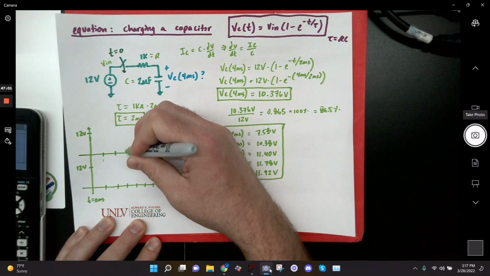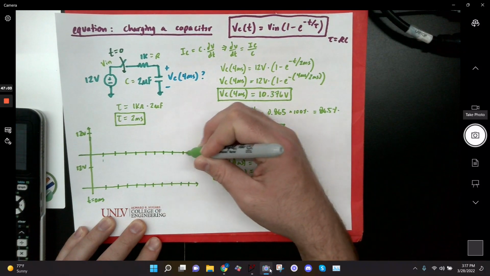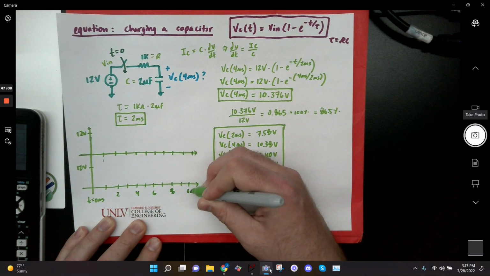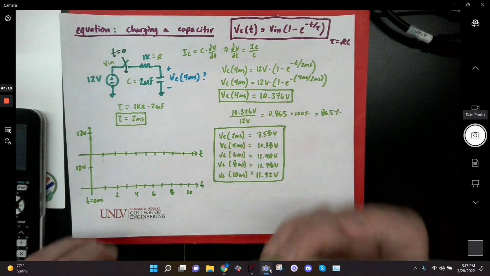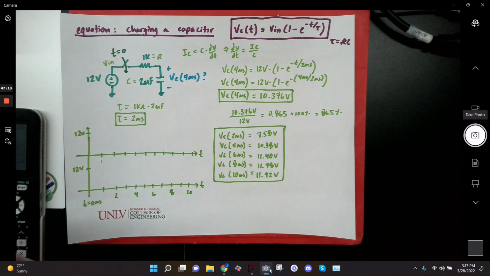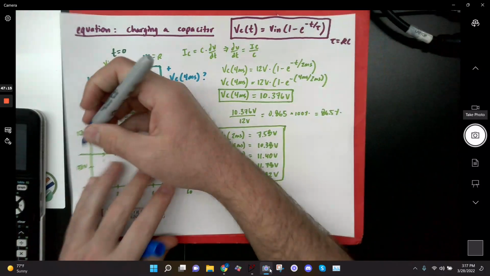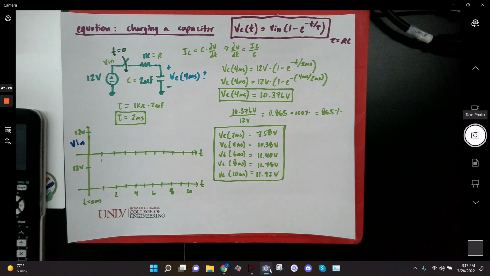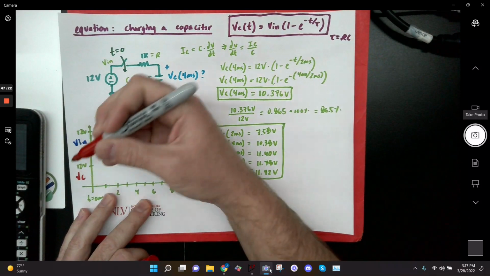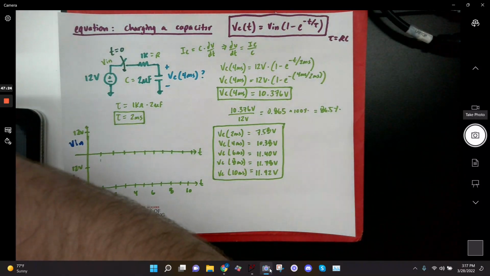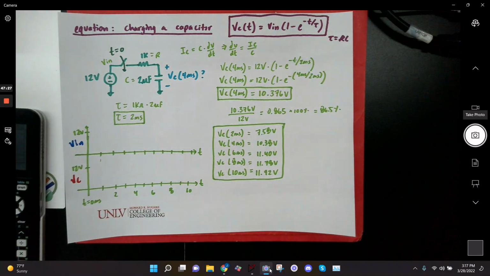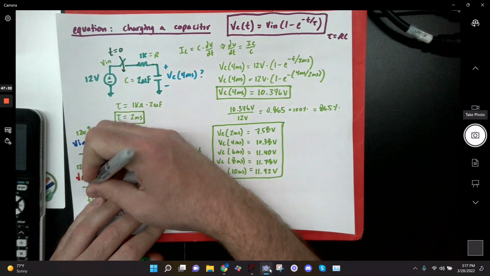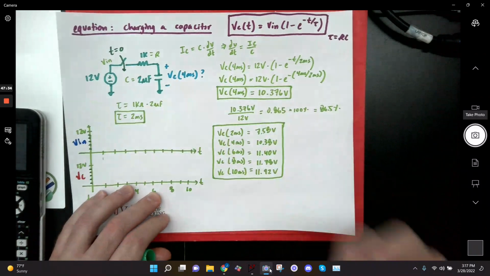So that's 2, 4, 6, 8, and 10, and you just write T, and then let's say Vin I do in blue, and let's say VC I do in red. Obviously, you would probably be doing this with a lot more space, but let's just go 2, 4, 6, 8, 10, 12.